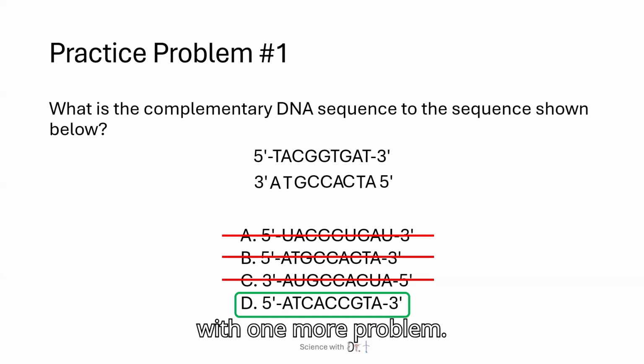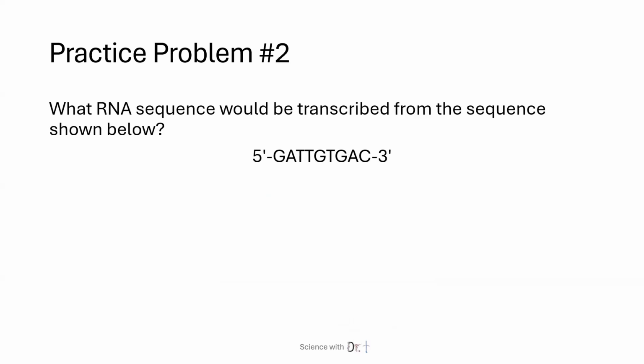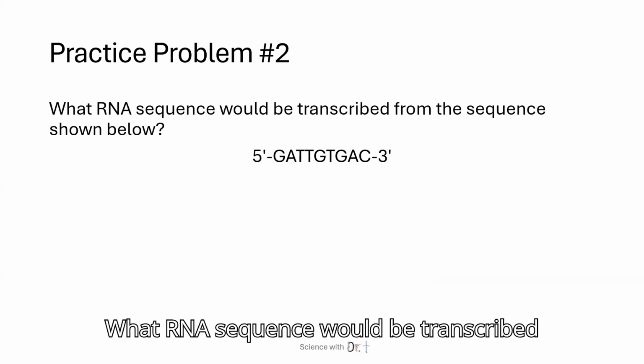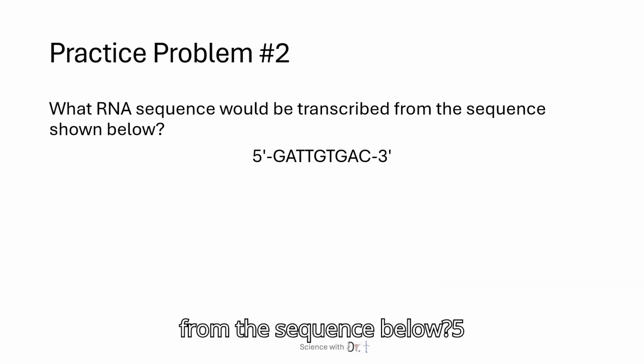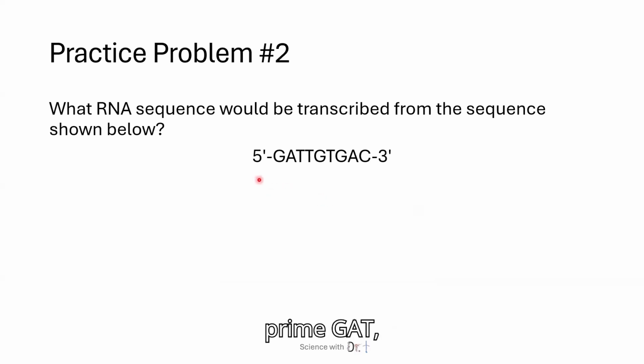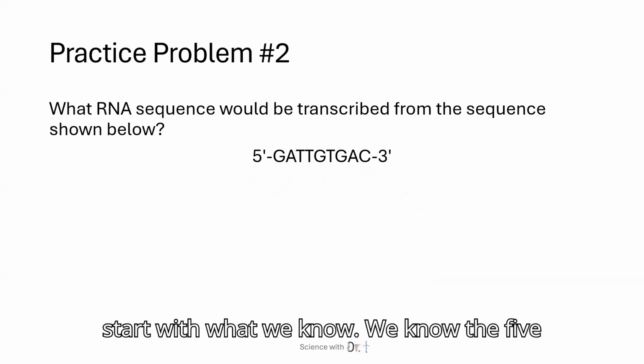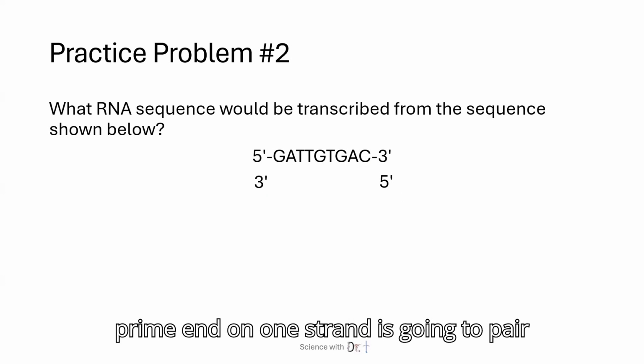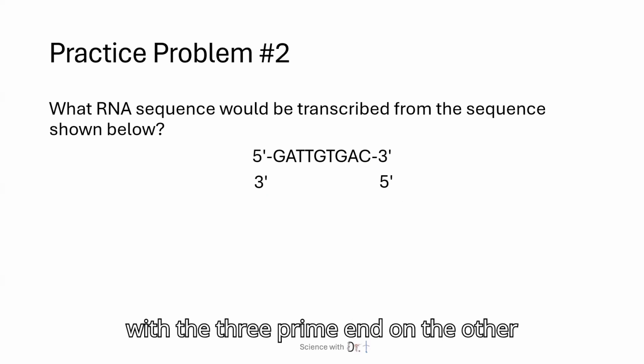Let's practice with one more problem. What RNA sequence would be transcribed from the sequence below? 5' GAT, TGT, GAC, 3'. So again, let's start with what we know. We know the 5' end on one strand is going to pair with the 3' end on the other strand.